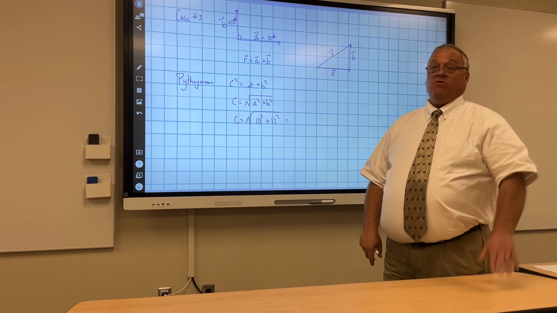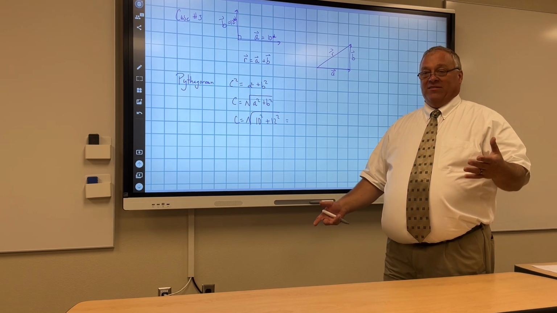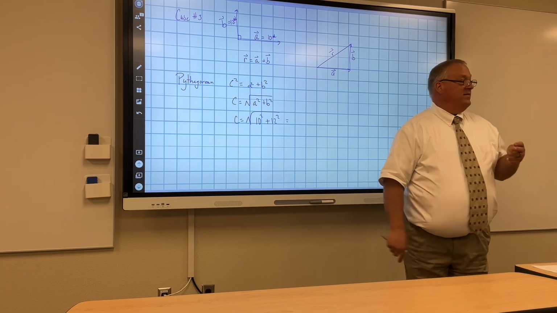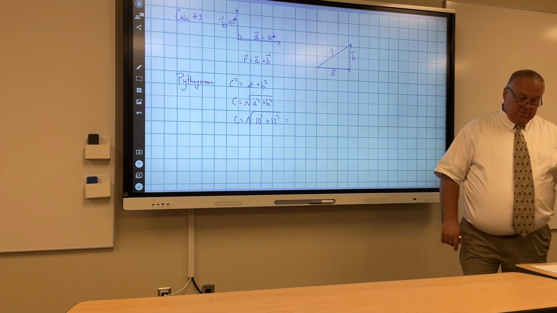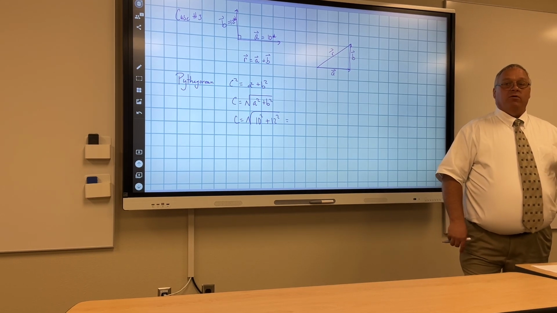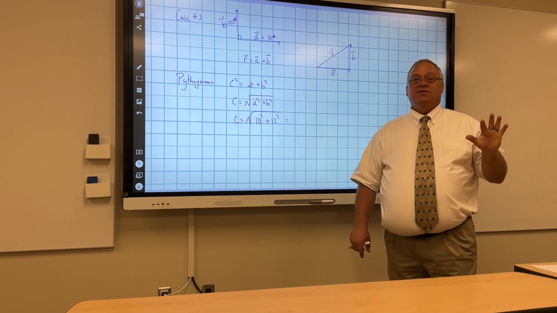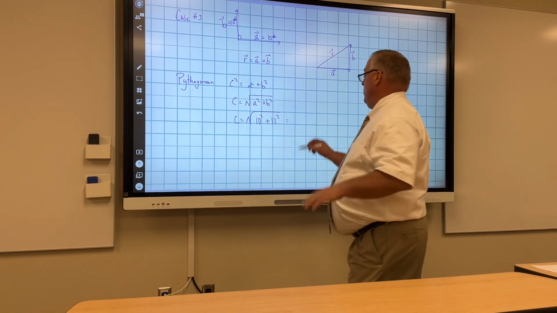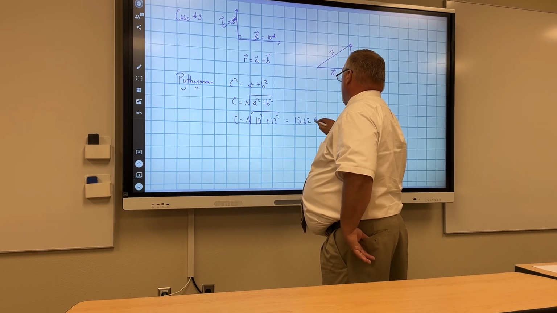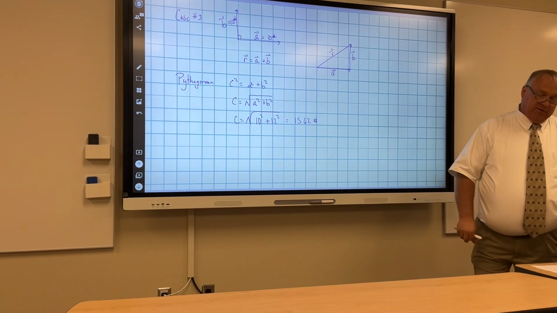So the square root of 244: 15 squared is 225, so a little bit better than 15. You've got a calculator, you can push the buttons. Around 15 and a half, somewhere in that neighborhood. 15.62. So our magnitude is 15.62 pounds.